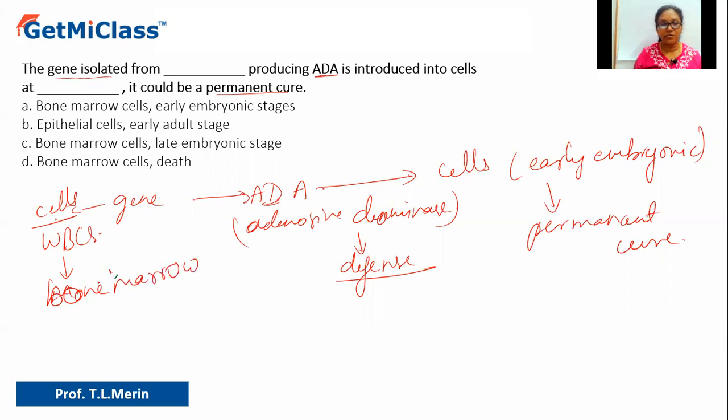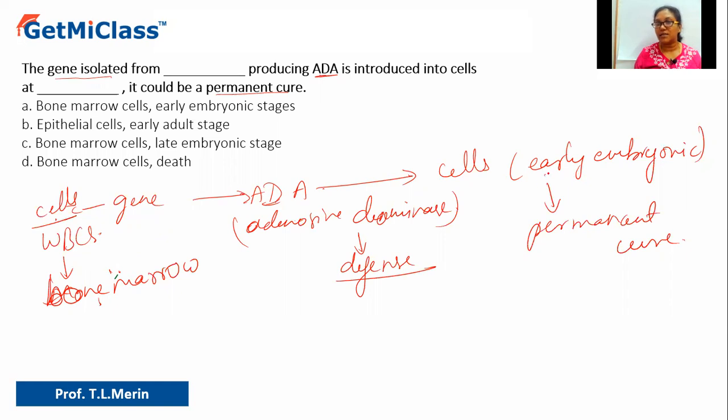First they are produced as stem cells, and further they mature into different types of WBCs. Now, from bone marrow, when they isolate the stem cells, those stem cells will contain the ADA gene, and that gene will be taken up and introduced into the early embryonic cells.